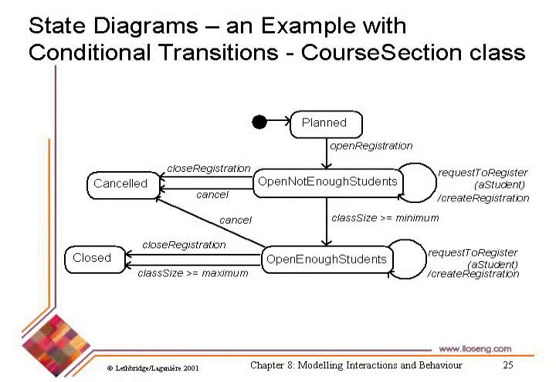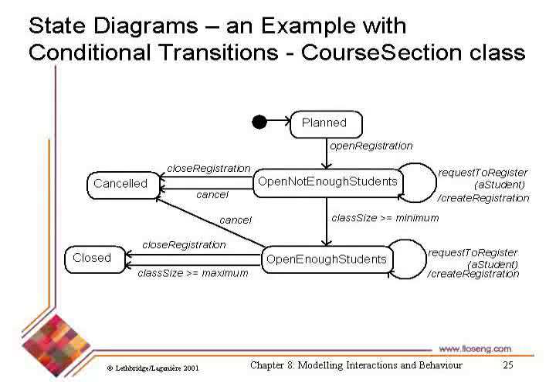At some time, class size greater than or equal to minimum occurs. Okay, this is the occurrence of this condition becoming true. Now we've seen conditions before shown in square brackets. We'll see that square bracket notation later on.